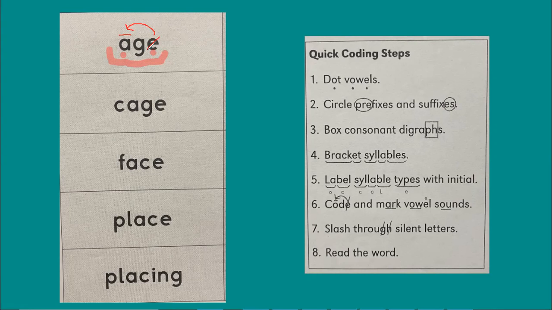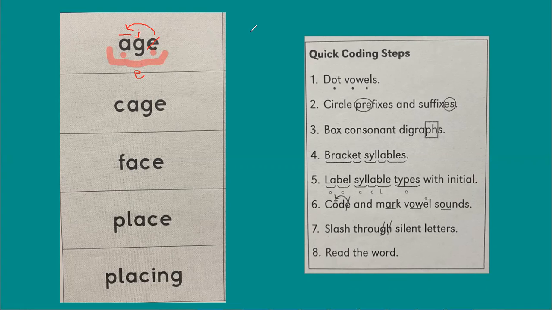And then we also need to code our G. That makes the J sound, so we're going to put a J on top of here. And then I forgot to label it. The label is syllable types, and this is a magic E syllable. Okay, all right, that's all we do for that one.